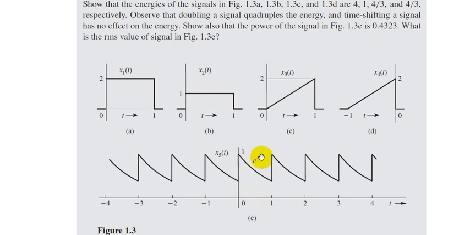Therefore, it is comparatively easier to find the solution: you can evaluate the energy and power of this function by integrating this signal from 0 to 1. This is how you can determine the power and the energy of all these signals.